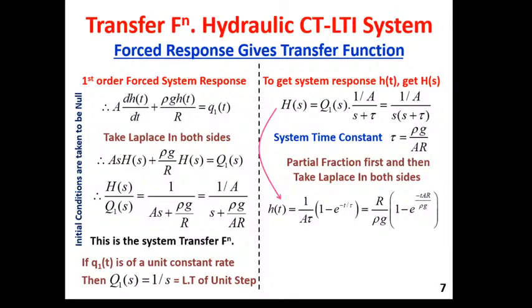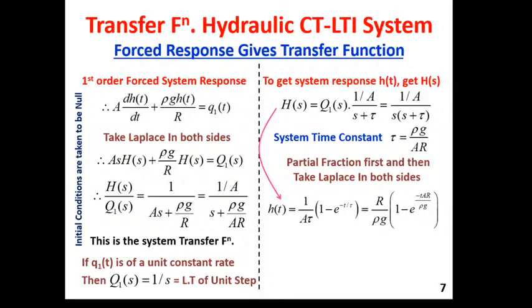It's a very simple standard Laplace inverse, and we find that h(t) is equal to R divided by rho g times 1 minus e raised to minus t by tau. I have substituted tau as rho g by A R, and A R has gone to the top, rho g has come to the bottom. So it has become e raised to minus t A R divided by rho g. Only e raised to minus t by tau will also do.